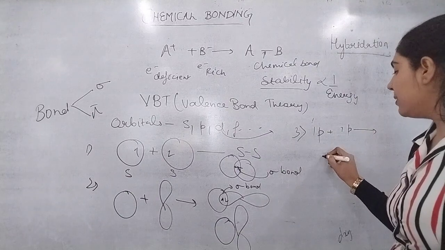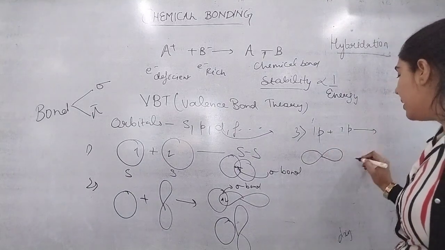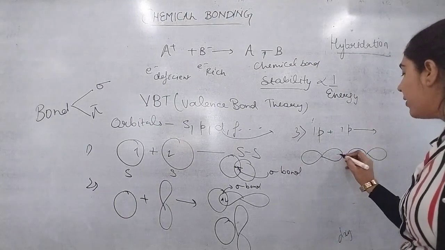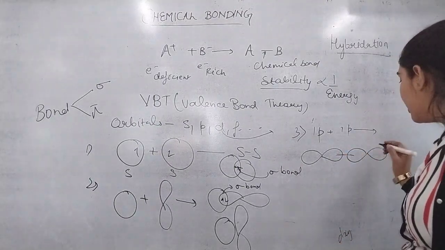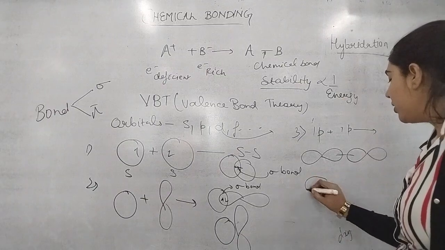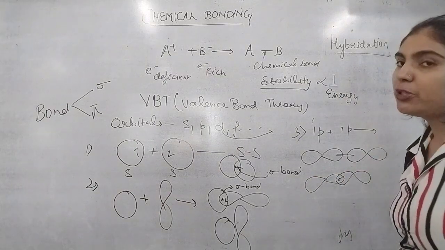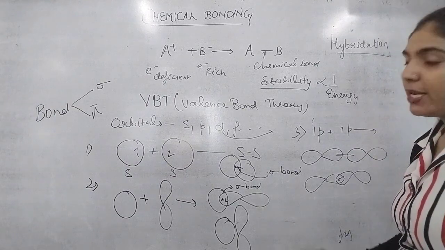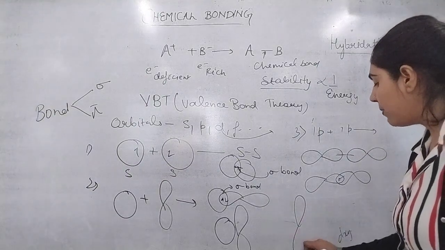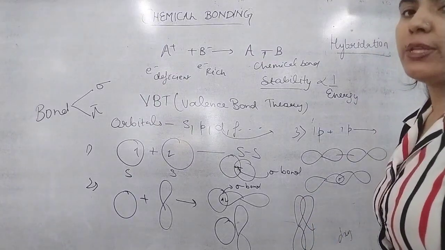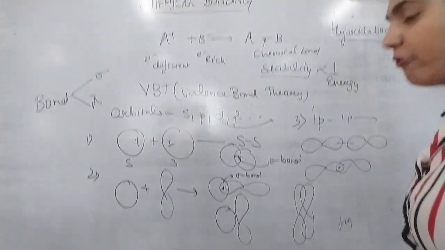When one p orbital is combining with one p orbital axially, there will be a sigma bond formation. But the second possibility is they are combining laterally, so there would be a formation of a pi bond.